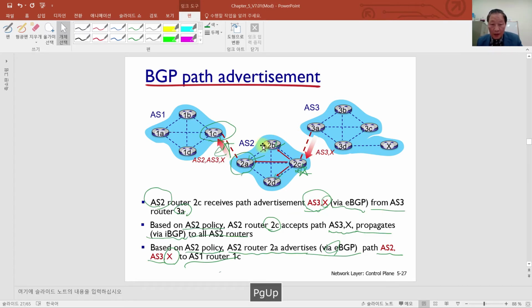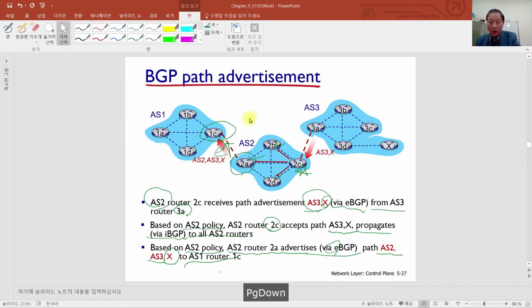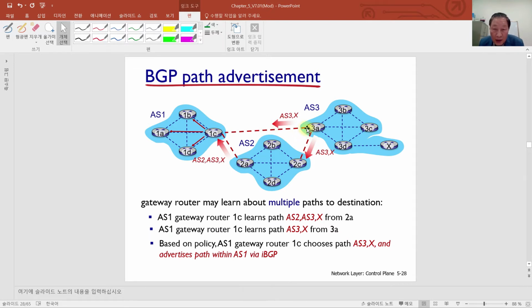But to introduce another explanation, this direct line is shown here. Let's assume this direct line is there. Then let's look at this one using this pen.